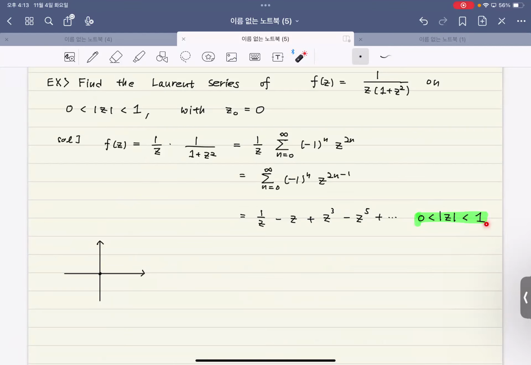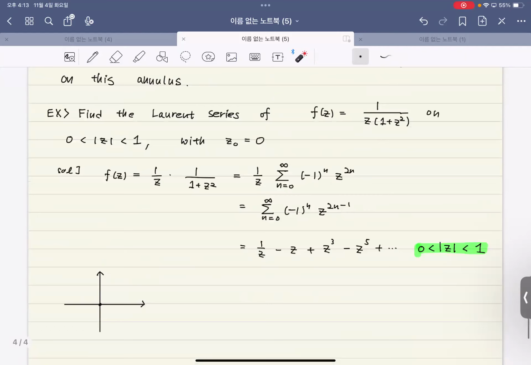But this is the best we can do. Why? Because if you take a look at this function that is being represented, you can actually find three singularities for this function, right? The first singularity is the origin, another one is plus i, and the last one is minus i. And you want to find the Laurent series expansion of this function with the center at the origin.